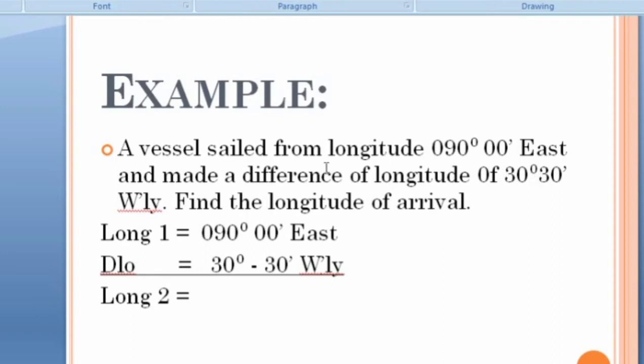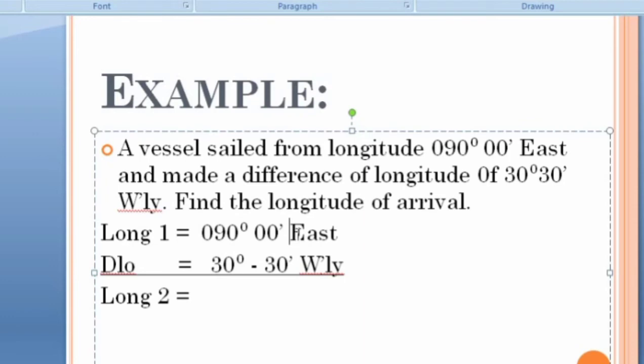We need to figure out the longitude of arrival. So we have 090 degrees 00 minutes east, the longitude of origin, or the longitude which we came from, and a westerly difference of longitude of 30 degrees 30 minutes.